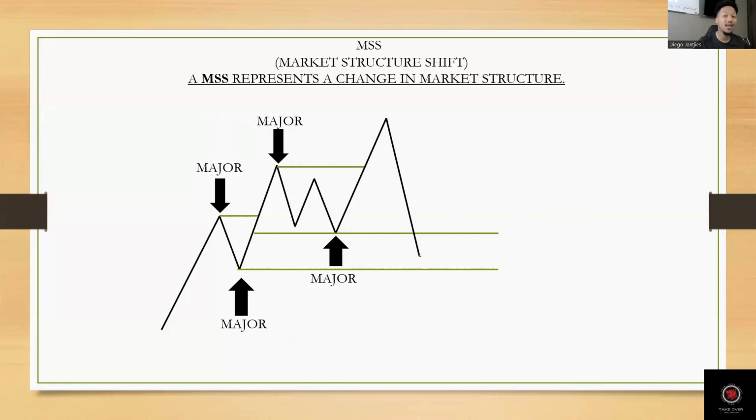After price takes out some sell side liquidity, what do you expect? You expect some sort of a pullback. Now you're going to wait for your short opportunity, and look to sell price. And that is the difference between a BOS, a break of market structure, and an actual MSS.